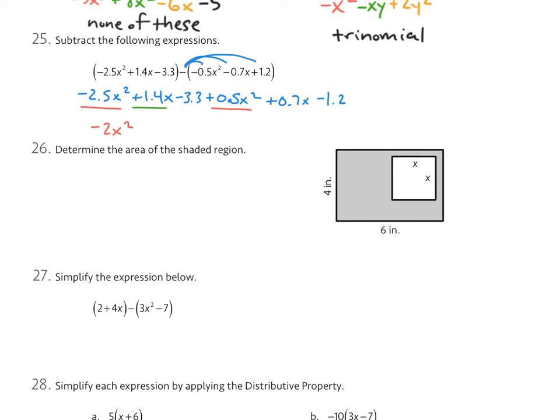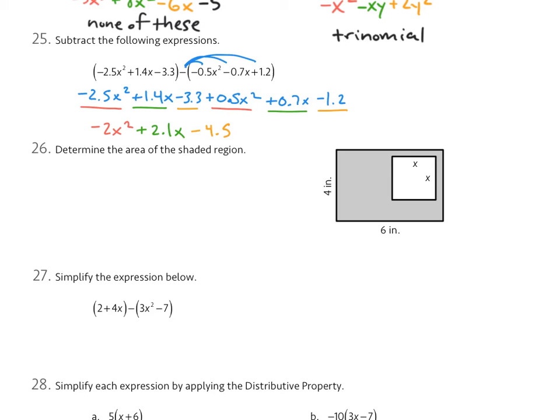Next, plus 1.4x plus 0.7x. 1.4 plus 0.7 is 2.1, plus 2.1x. Minus 3.3 minus 1.2, that is minus 4.5. And there's your final expression. It is a trinomial.